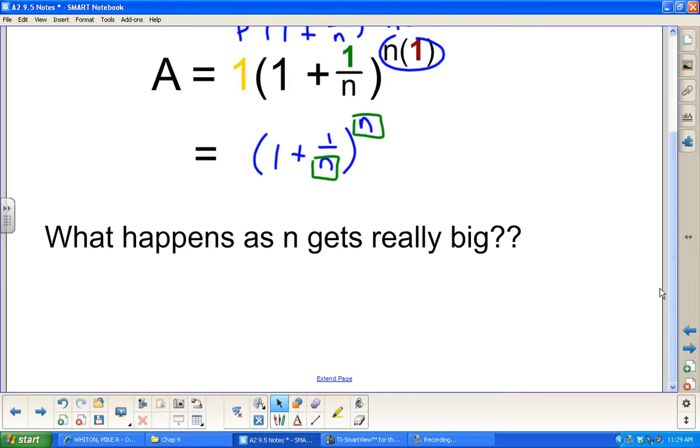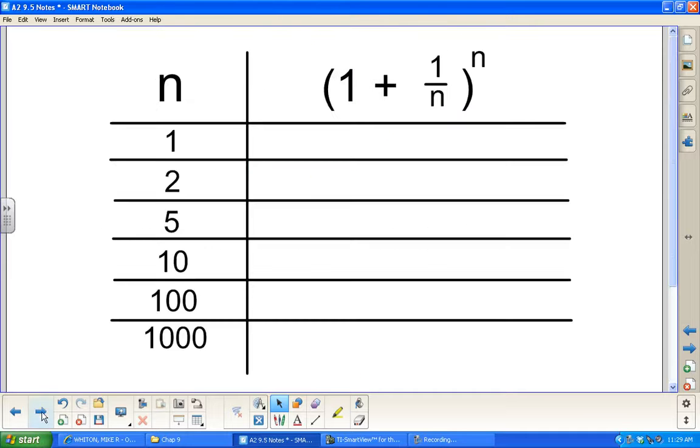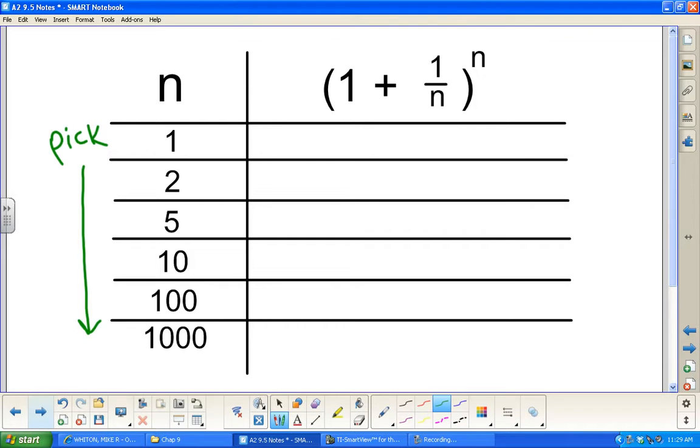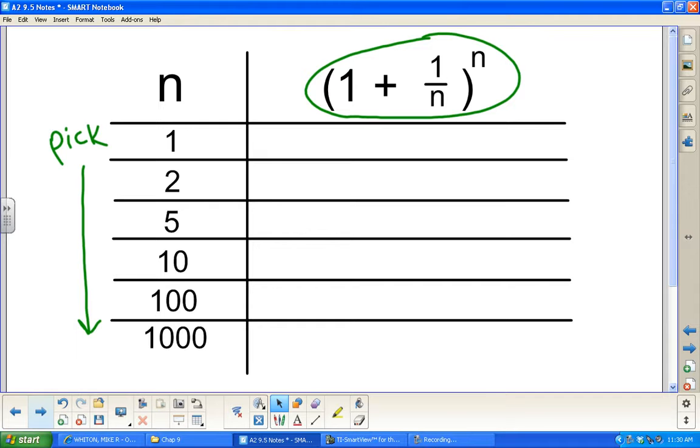Let's go to a table and see what happens. If I choose different N values, I'm just picking these values to see what happens as N gets bigger. This is that expression we just had on the other page. If we want to go to a calculator and see what happens, let's do that, because this is leading us towards something.